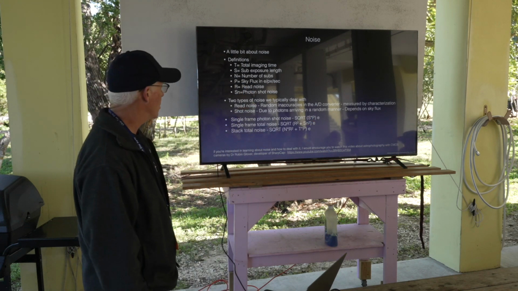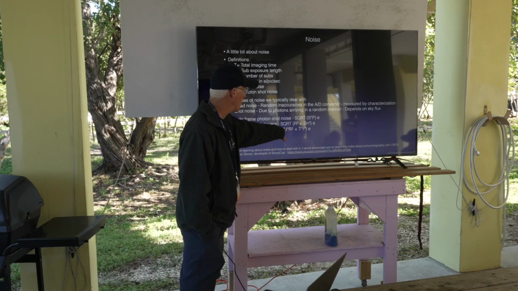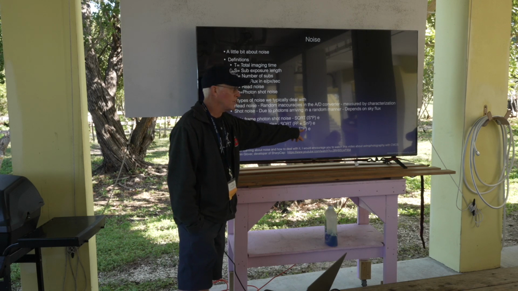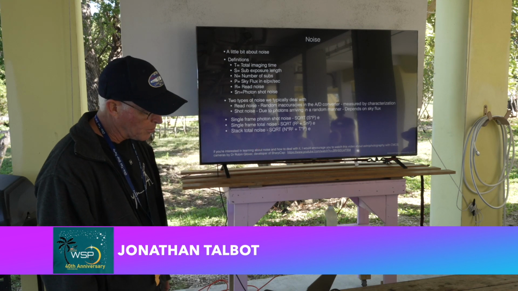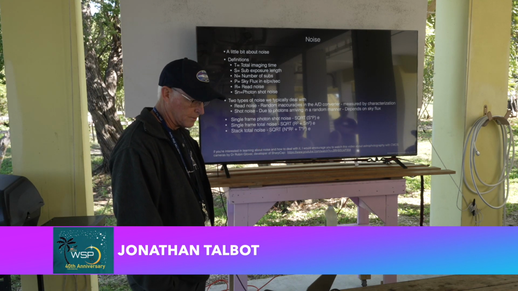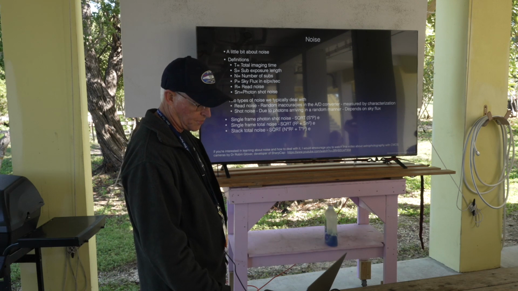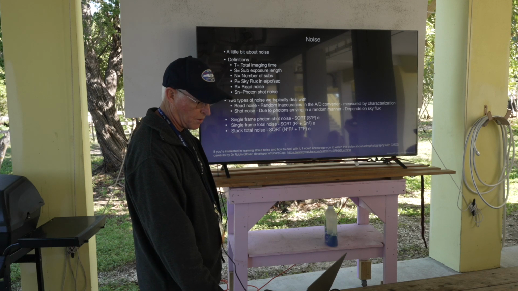And then we have this thing called stack total noise, which is just how many subs did I take? Well, that's the N part. Here's my read noise again, plus the total time and the sky flux. You don't have to remember those, but that's kind of the background of why what I'm going to talk about actually does work.